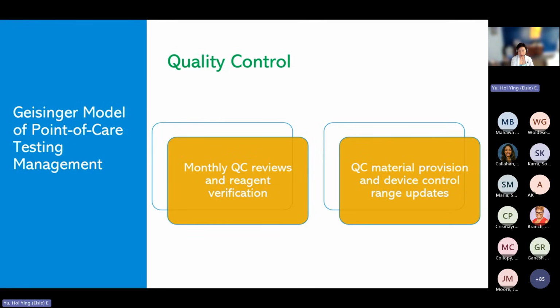Quality control, our team reviews monthly to make sure that they are all completed and there were no quality issues. We also perform reagent verification when we get a new lot of reagent. And we also make sure the device is set up in such a way that when QC is out, it will be shown on the device so the user knows that the quality metric is not being met.